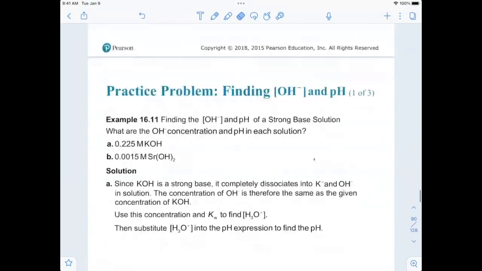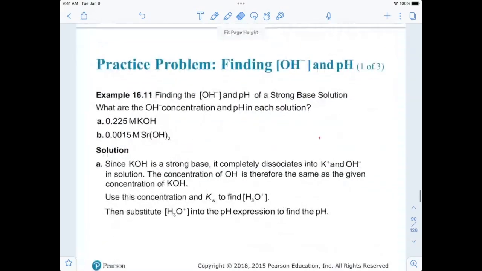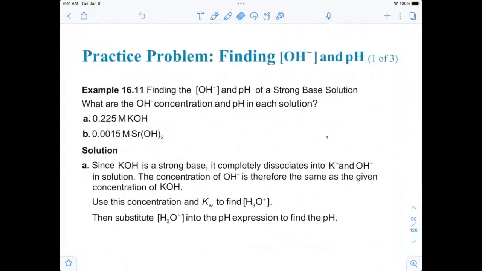Okay. So I'm going to be working on this problem right here. To show this problem here, let me actually open a new page on the bottom. The new page down here shows that we're going to have 0.225 KOH and then 0.0015 molar strontium hydroxide.